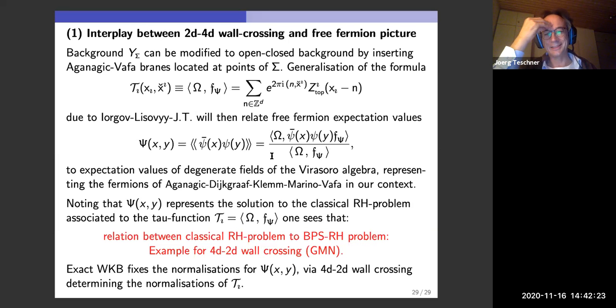I think it is a natural generalization of the story that we discussed here, where instead of the 4D framed wall crossing, one adds surface defects in order to get some additional sector, and then gets a problem of 2D-4D wall crossing and all this.